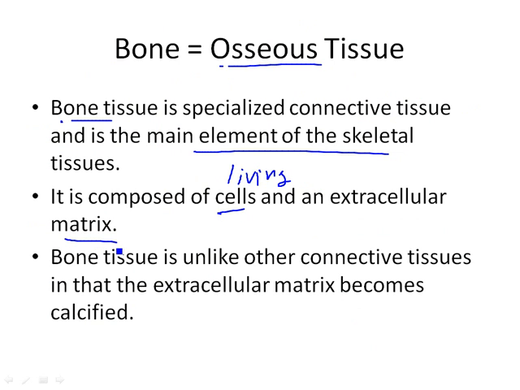And the different thing about bone versus any other type of tissue is this matrix becomes calcified, which means it becomes hard. So it's the only connective tissue that we have that becomes hard. And it becomes hard because it has some calcium salts that harden and gives you in your teeth and in your bones and things like that. It looks like rock.